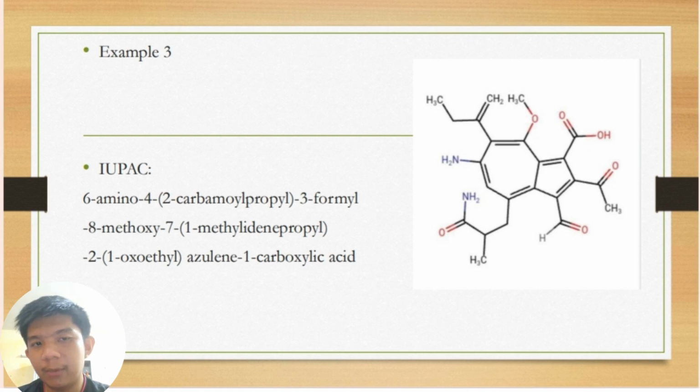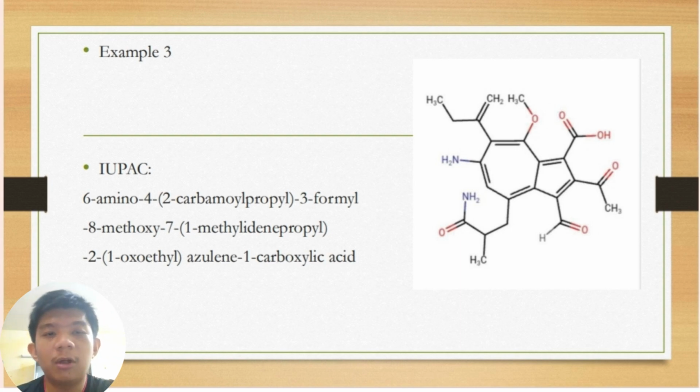There is a carboxyl group, the carbonyl group, the aldehyde group, the amide group, the amino group, the ether group, and the alkene group. For this one, we need to choose the functional group that has the highest seniority, which is the carboxylic acid. So this one will be the carboxylic acid, and the parent chain is also very special.